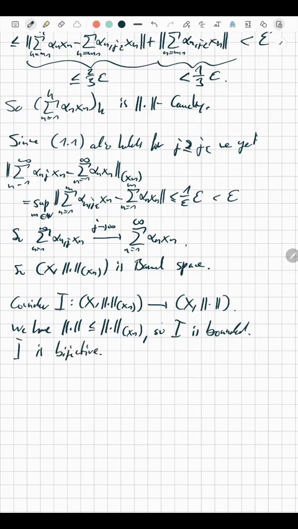I is bijective. And then it follows from the open mapping theorem, that the inverse of the identity is also bounded.